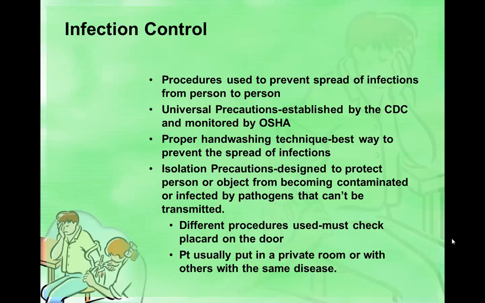Different procedures are used, so you want to check the placard on the door. The procedures that you would probably see in facilities are wearing a gown, a mask, gloves, possibly a face shield, depending on the reason for the isolation. The patient is usually put in a private room or with others with the same disease.